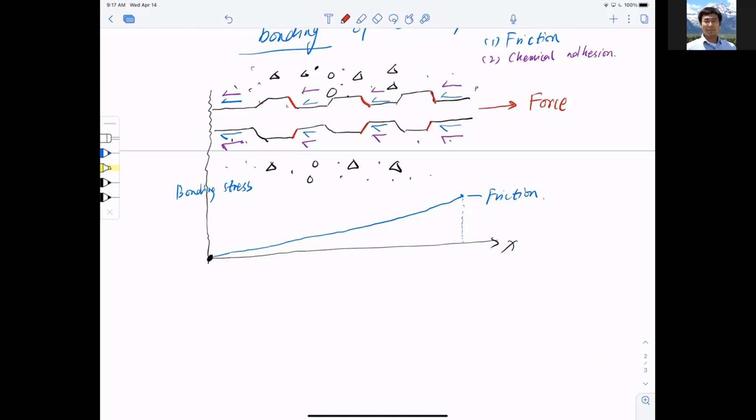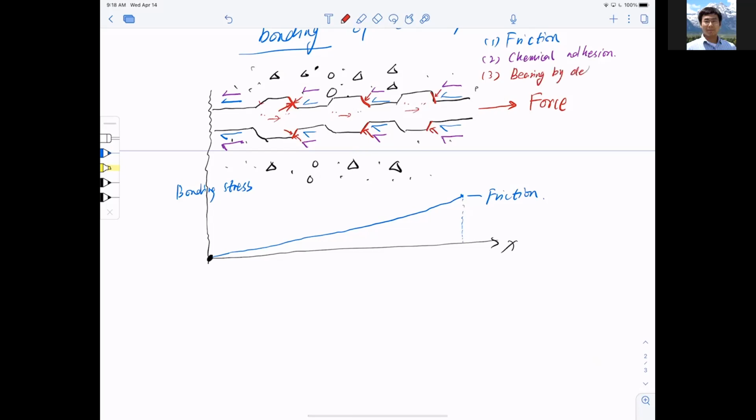So imagine my bar is going this way in the horizontal direction. It will try to push the concrete perpendicular to this rib surface here. So the concrete naturally will bear on the surface and provide the last major component, which is the bearing.